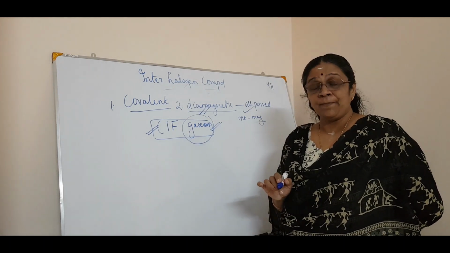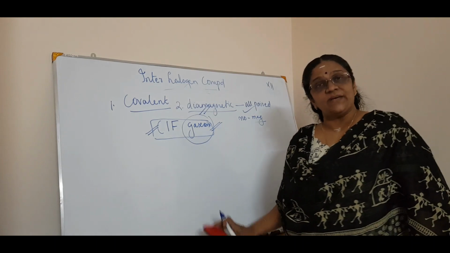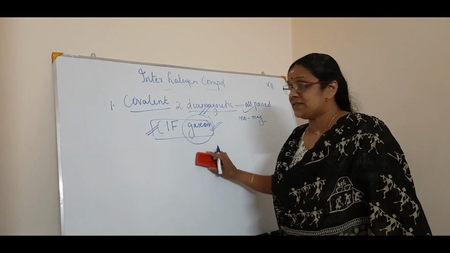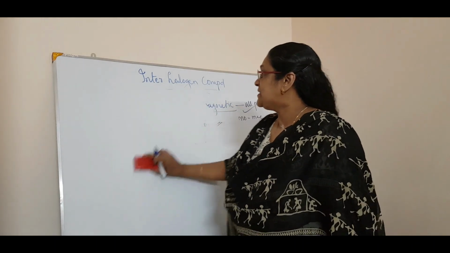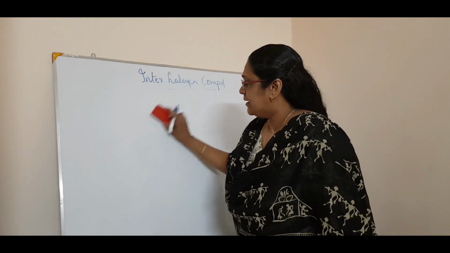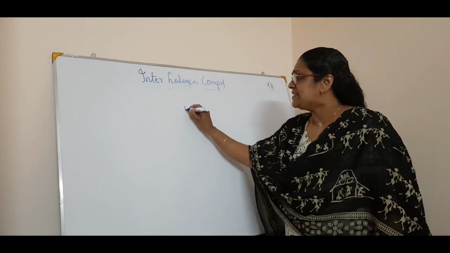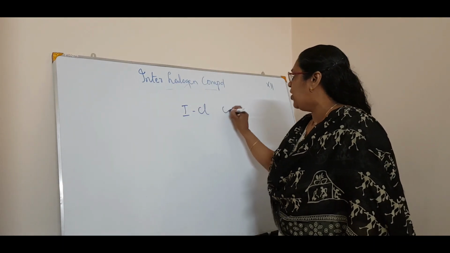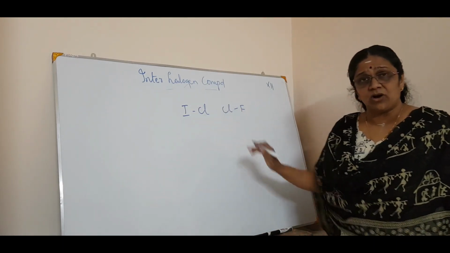But when coming to the physical properties of these interhalogen compounds, physical property normally means solubility, melting and boiling point, etc. Take an example of ICl or ClF, these are interhalogen compounds.